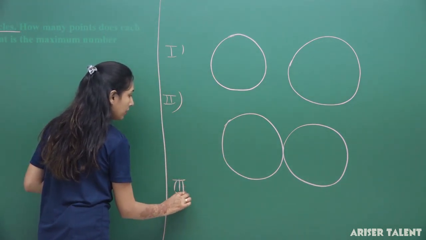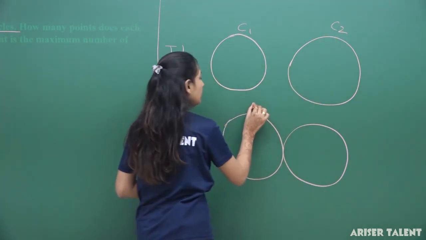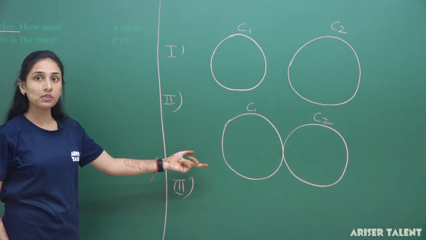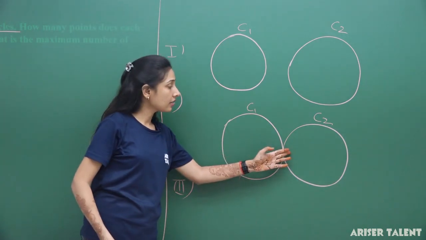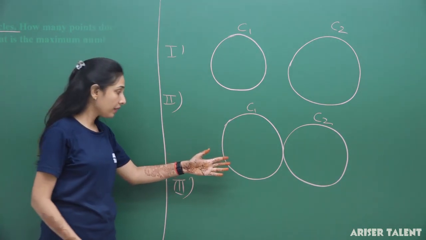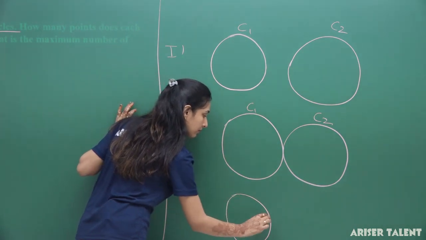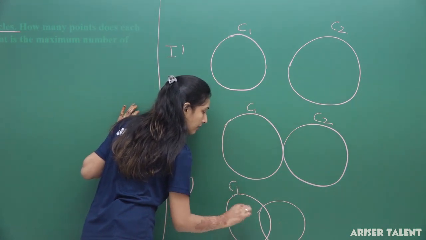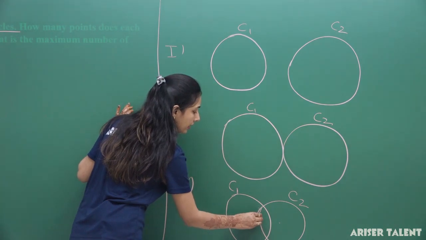Now the third one: this is C1 and this is C2. If this comes slightly in between here, the result will be like this. This is C1 and this is C2, right? So these are the three cases.